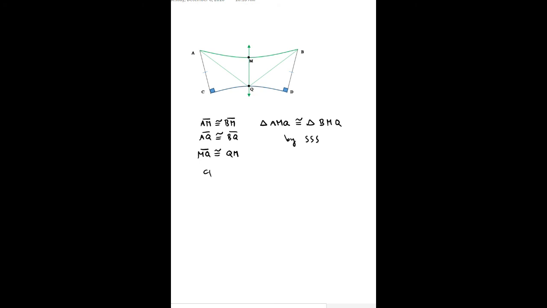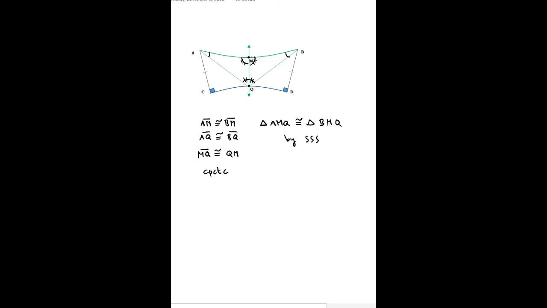And again, by CPCTC, we have that angle MAQ and angle MBQ are congruent. Angle AQM and BQM are congruent. And finally, which is what we wanted, angle AMQ and angle BMQ are also congruent.